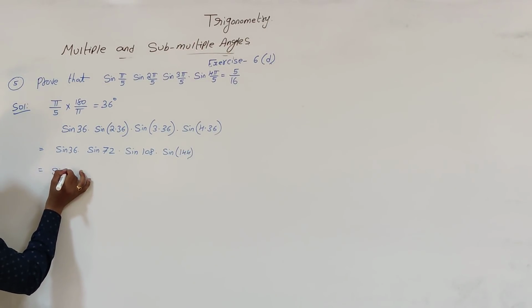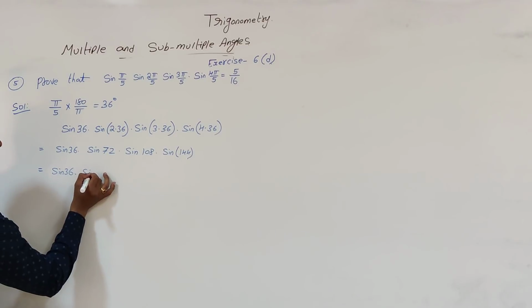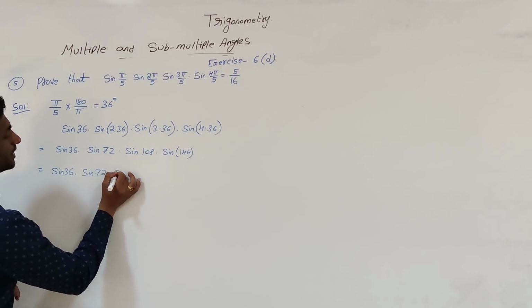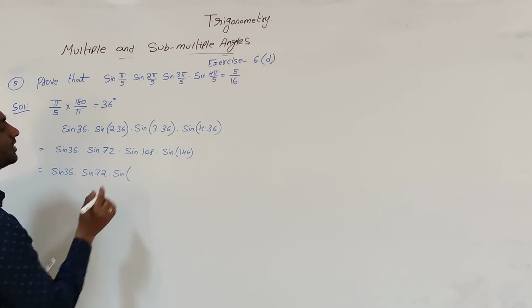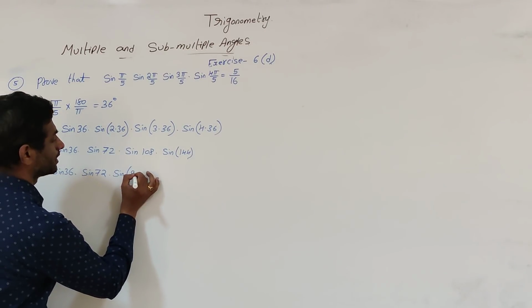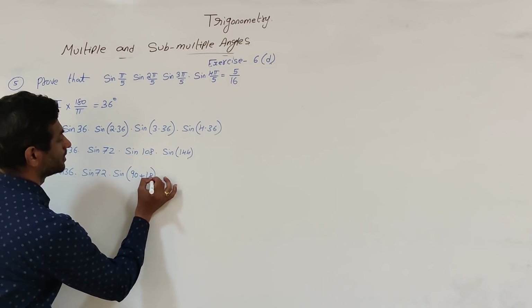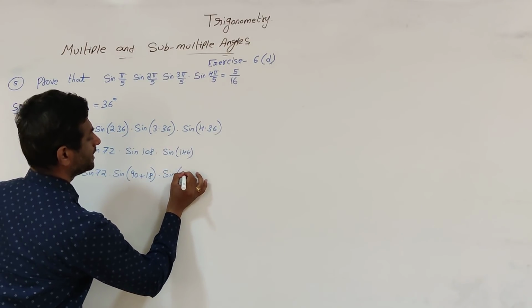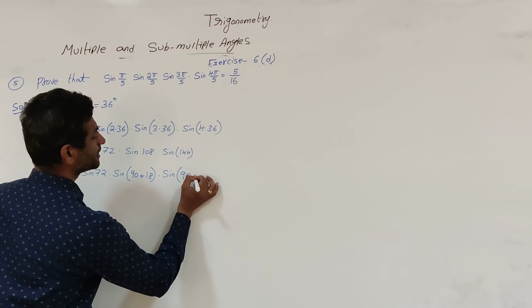Sin 36 into sin 72. Sin of 108 can be written as 90 plus 18, and sin 144 can be written as 90 plus 54.